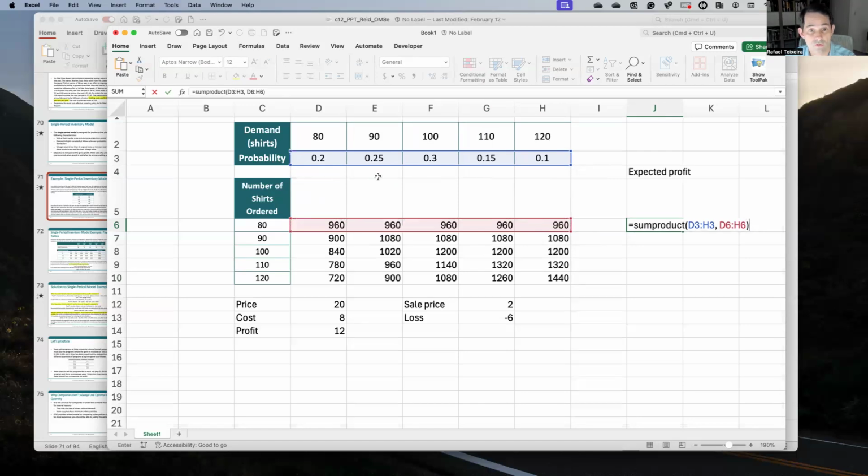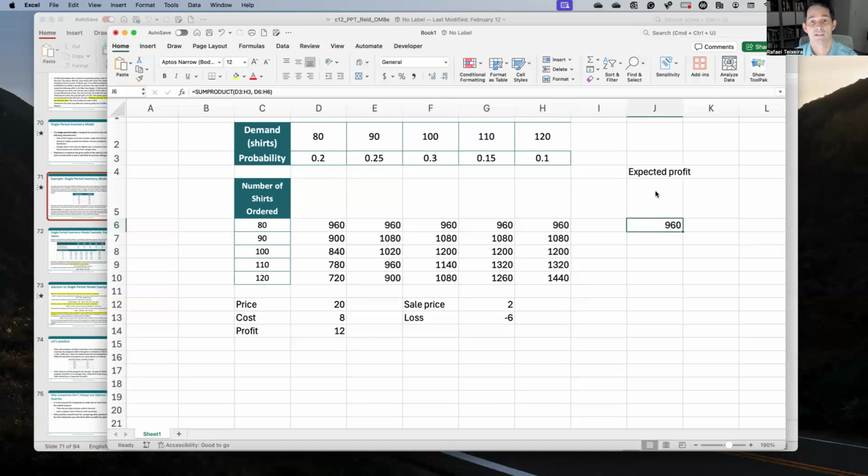So what Excel is doing for me is multiplying 0.2 by this number, multiplying 0.25 by this number, and so on, and then adding all these products. That's called summing the products. Beautiful, right? That's the sum product of this first amount. When he orders 80, the expected profit is this amount.